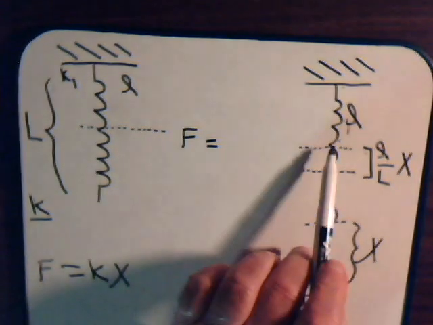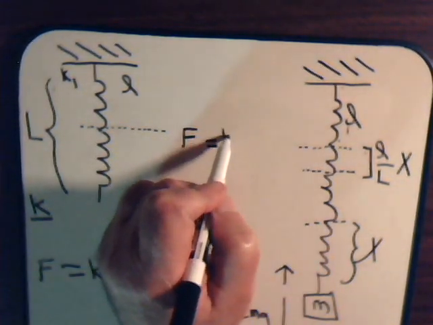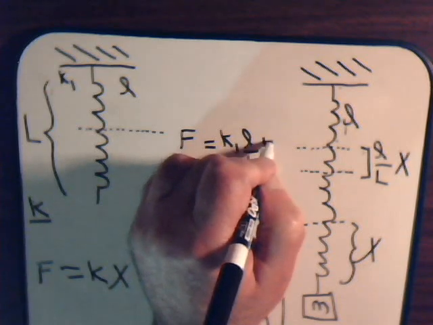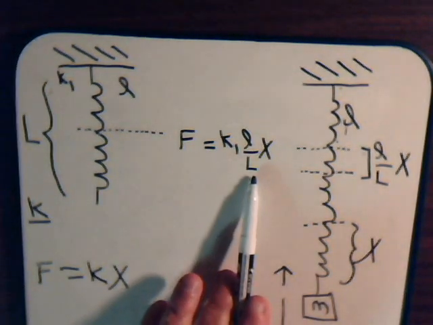Its spring constant for this part of the spring, K1, times its displacement, that's this. So we have this equation. And again, this comes about because the restoring force F, that's the same everywhere.